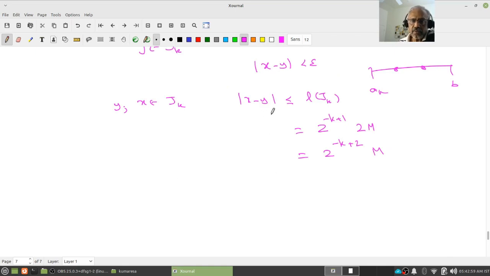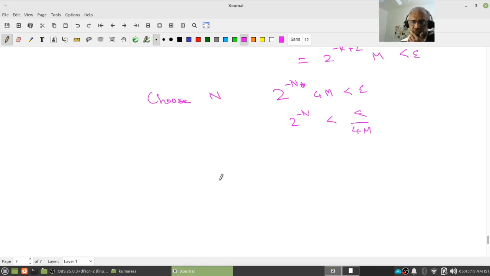So I want this maximum to be less than epsilon. Therefore choose n so that 2 to the power minus n plus 2 m, that is 4m, is less than epsilon. That is, 2 to the power minus n is less than epsilon by 4m.